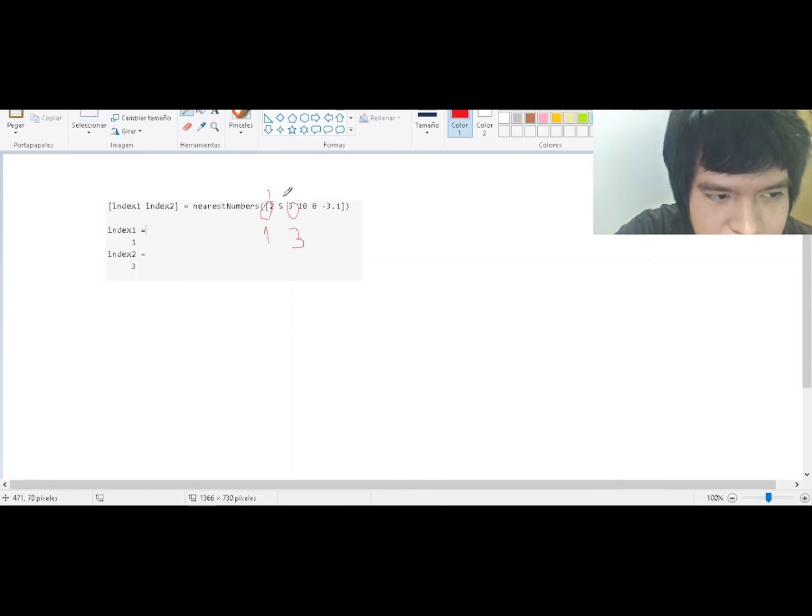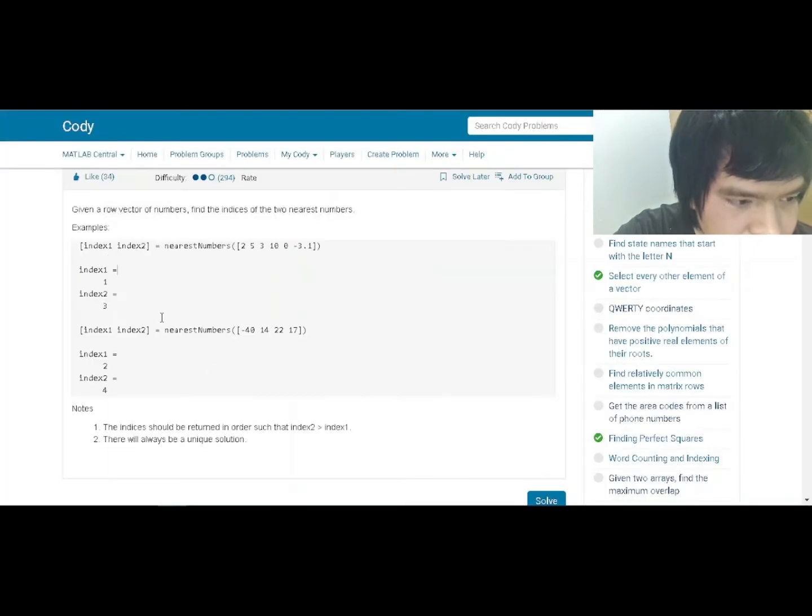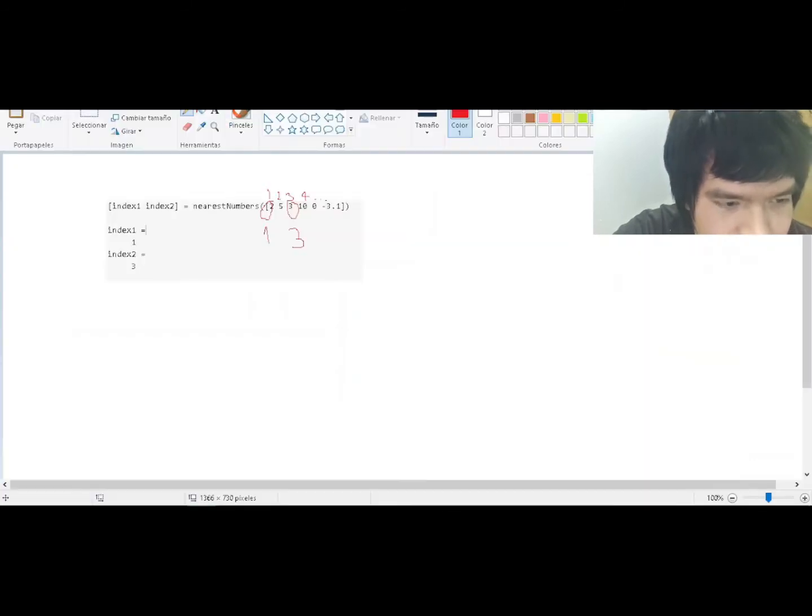The indices are 1, 2, 3, 4, etc. So that's what's given in these notes: the indices should be returned in order such that index 2 is bigger than index 1, and there will always be a unique solution. Okay, so there is only one pair of nearest numbers.